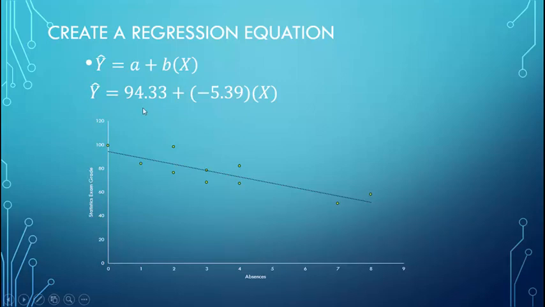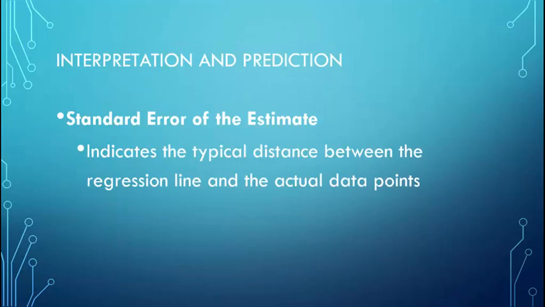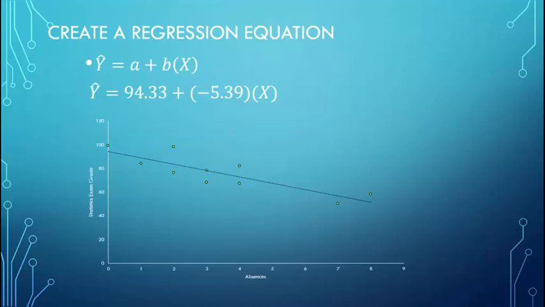So we could say, if somebody missed 10 classes, I could plug 10 into this equation and get my best estimate of how I think this student will do on the final exam. It won't be a perfect estimate, but it'll be the best we can do, which is the idea of standard error of the estimate. This is the typical distance between the regression line and the actual data points.